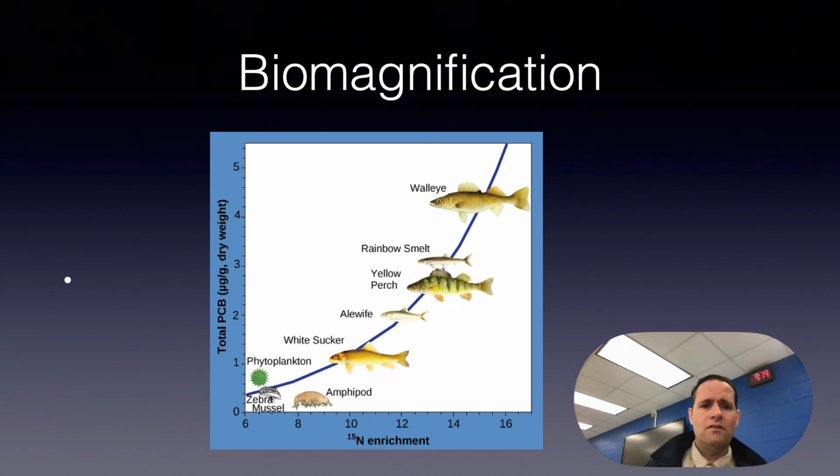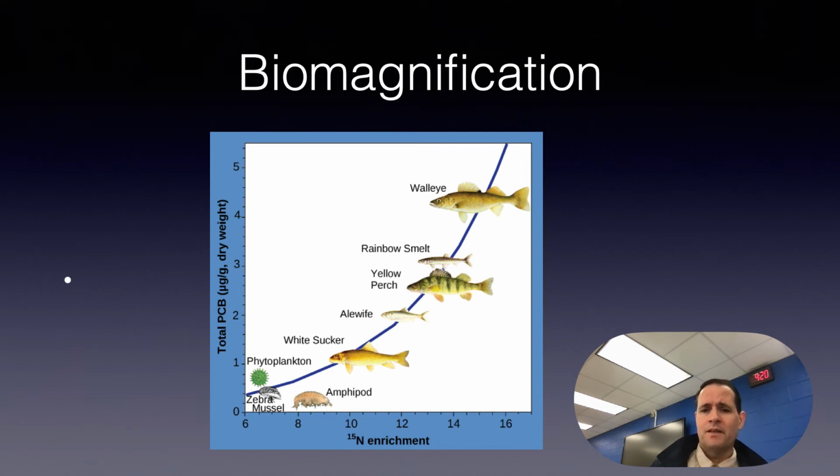So you can see in this little figure, we've got phytoplankton, amphipods, a white suckerfish, an aloe fish, a yellow perch, a rabbit's-foot walleye, and so on and so forth. And the bigger the animal, the more they have to eat to maintain their body mass. So there's a magnification in the amount of PCBs, as shown here on the left of the graph.